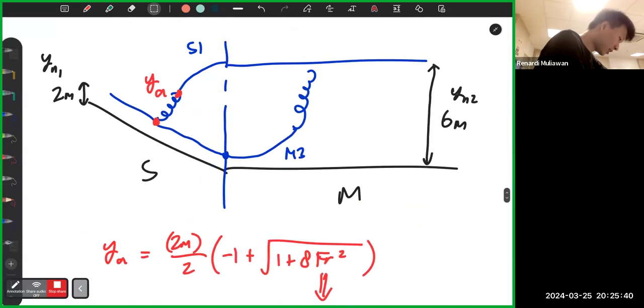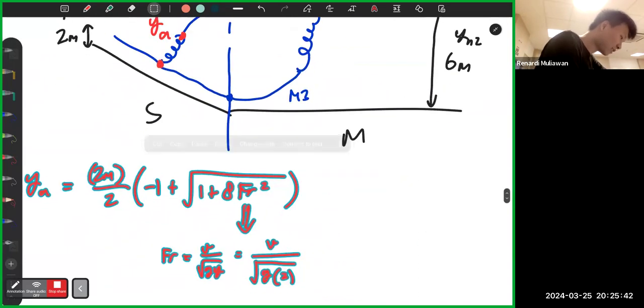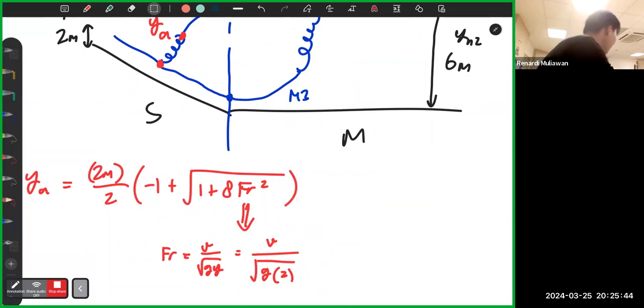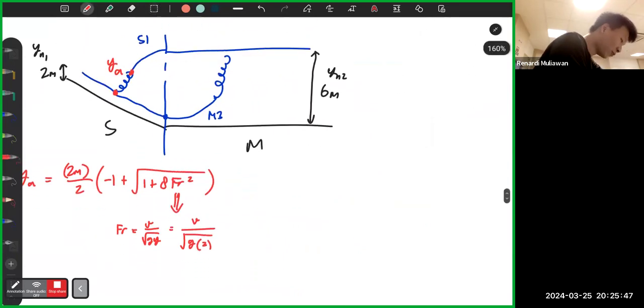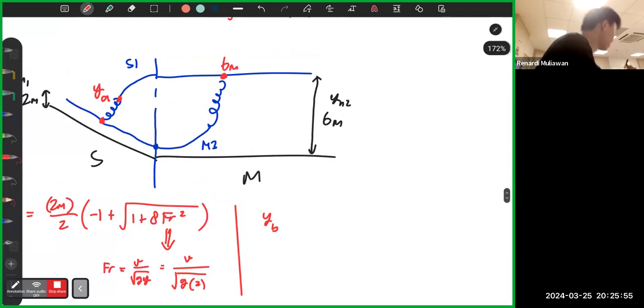So that's how you get YA, for the first case. For the second case, I think you can guess already. How to get it? Let's label this YB. You know this part is 6 meters. The conjugate depth is, again, not this one, not this one, but this one.